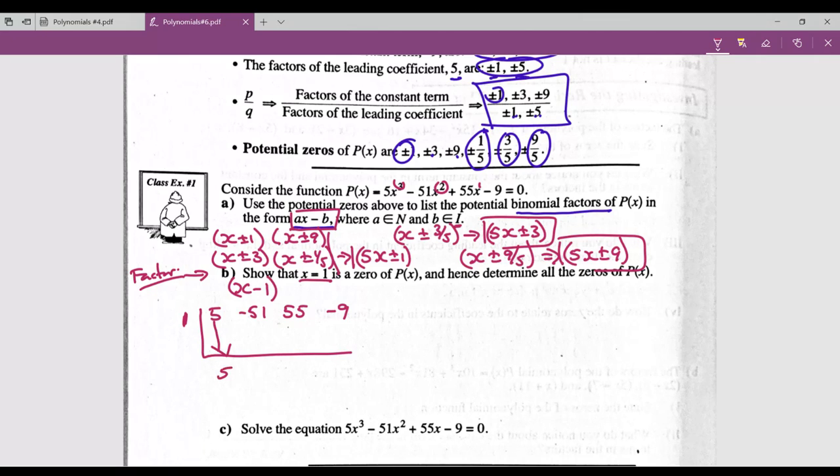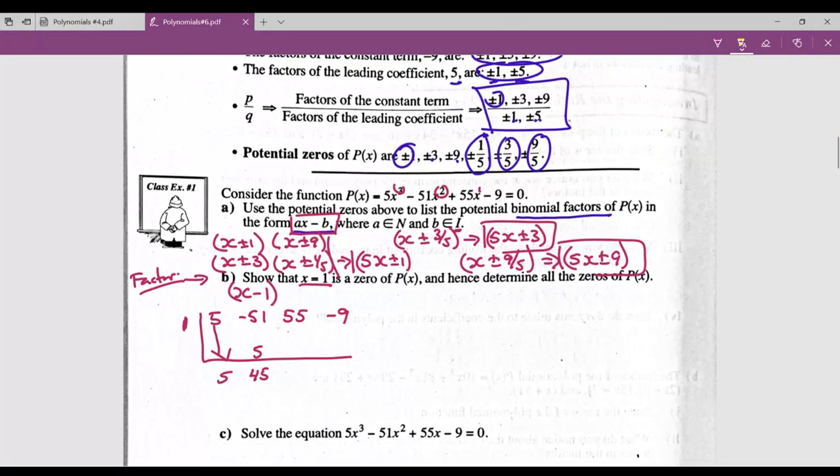Drop down the 5. 1 times 5 is 5. Negative 51 plus 5 is negative 46. 1 times negative 46, that's negative 46. Wow. I'm good.